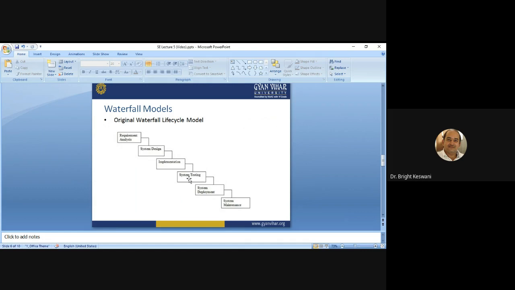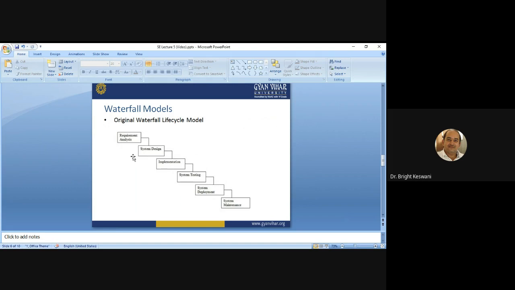When you are in the fourth phase, you cannot start the third, second, or first phase again. Okay, and the requirements are frozen in this model. You cannot accept further requirements from the client. So these are some limitations of the traditional waterfall life cycle.